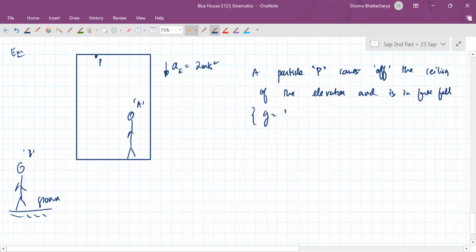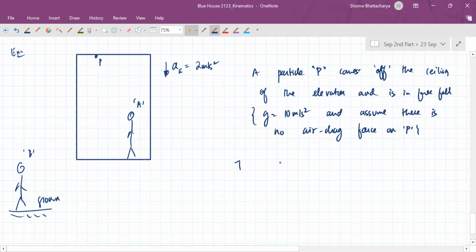Take g equal to 10 meters per second square and assume there is no air drag kind of force on P. Only gravity acts on it.